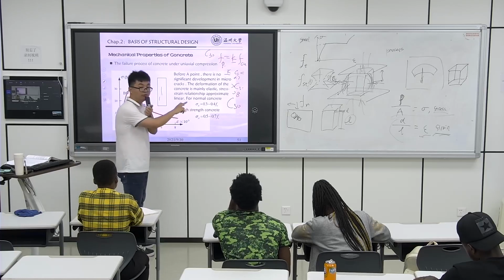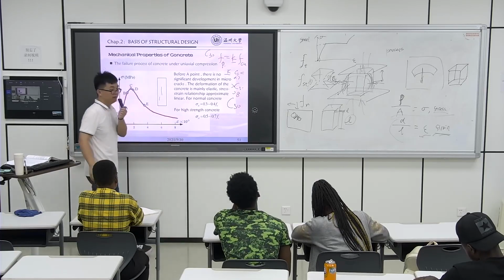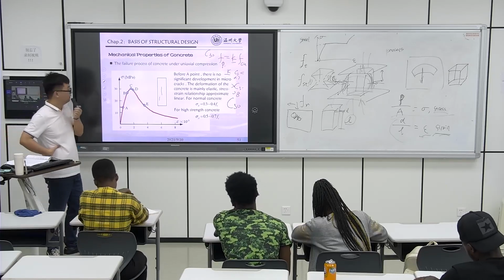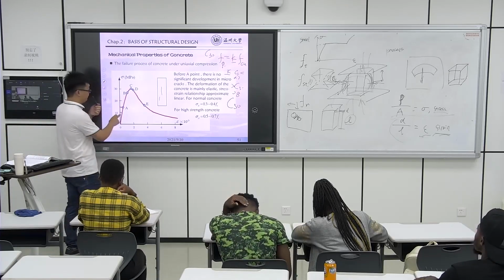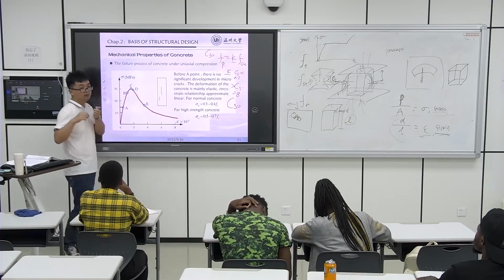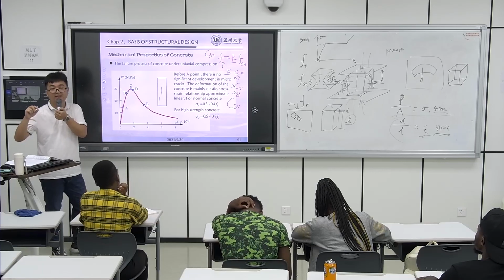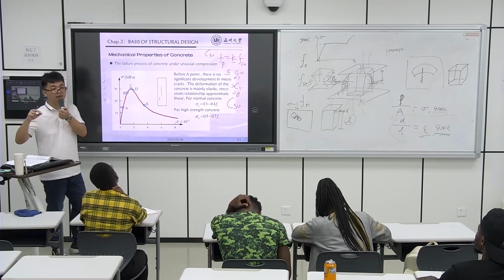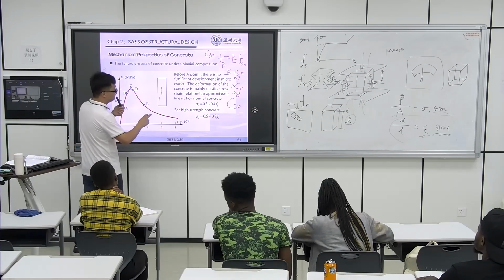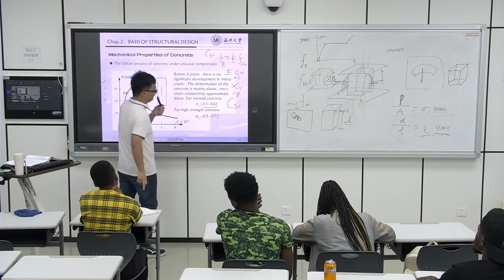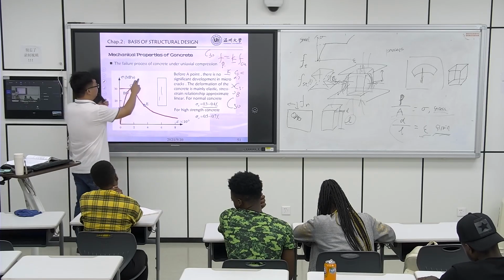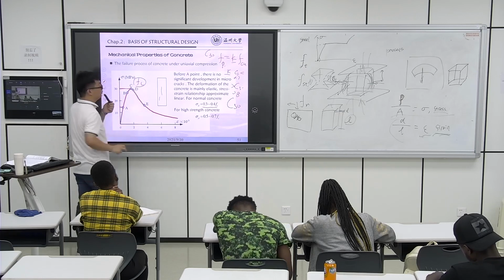For normal concrete, that means the grade of concrete below C50, the A point, sigma A, the stress at A, means the limit of the elastic state. It is around 0.3 to 0.4 of fc, the cubic strength.